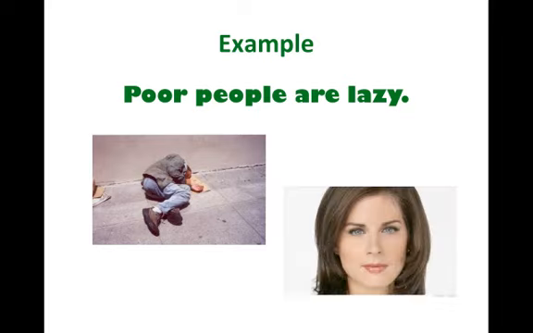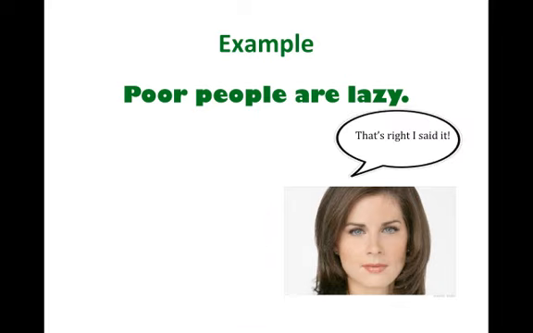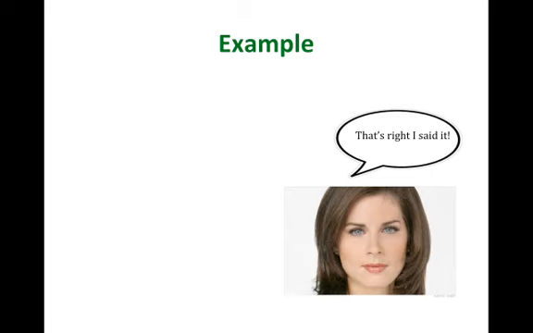The subtext is really the person who said it. That's the focus of a subtext. We're not really concerned about the poor people when we're reading for subtext. We're concerned with the person who said it, and it's the person down here on the right. So the focus of subtext is on the author or the person who said it. So that's right, I said it.